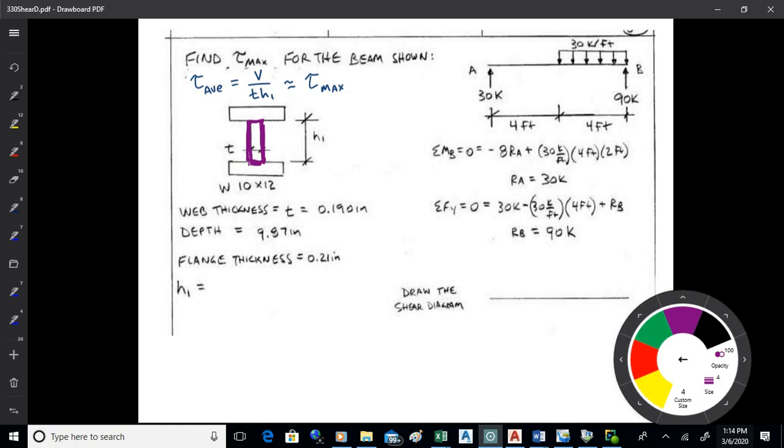I got the reactions there for you. So remember, when you see an area like that, calc it up. And that's the change, is what that is.